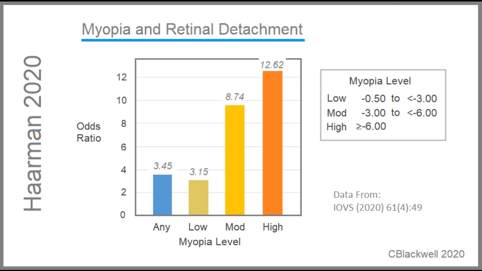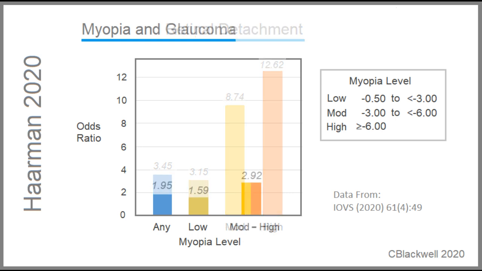Retinal detachment rates increase significantly with increasing myopia. Both of these show a pretty big jump when myopia passes -3 diopters, when it moves from mild to moderate. Regarding glaucoma, low myopia shows a modest increase in risk. Here, moderate and high myopia are combined with an almost 3 times risk.